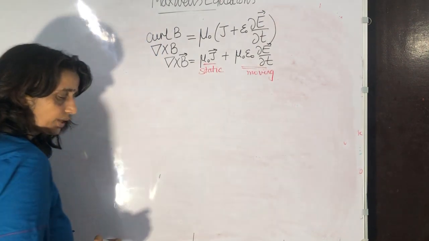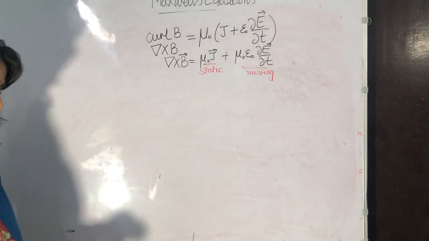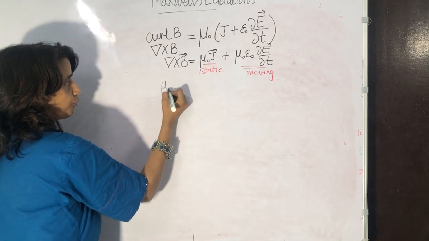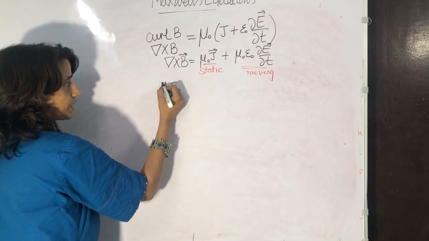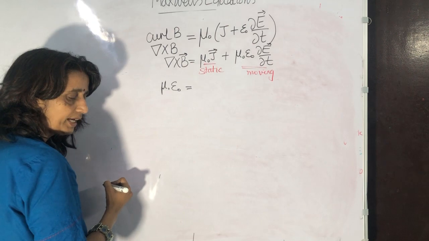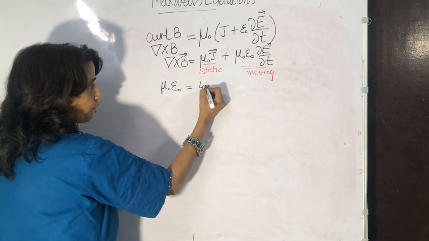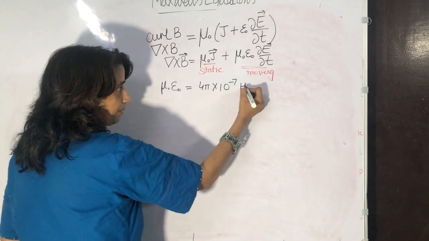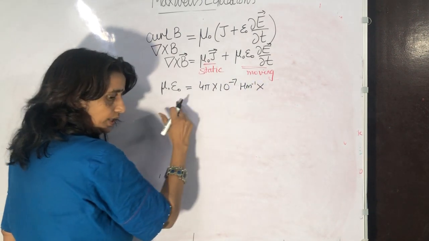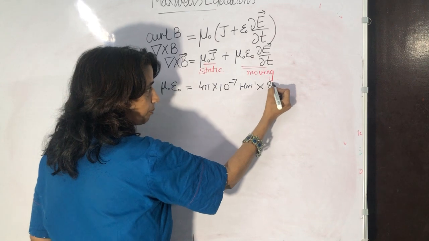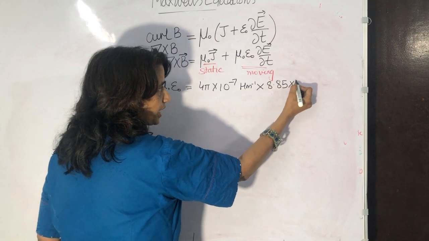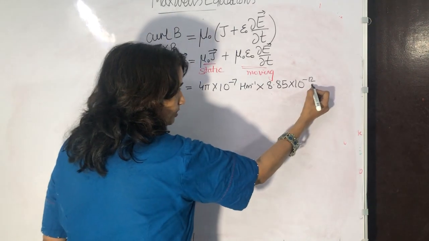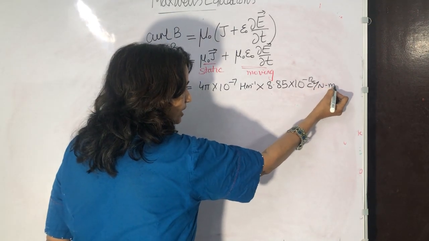Now have a look at the interesting observation. If I put the mathematical values of mu naught and epsilon naught, mu naught is 4 pi into 10 to the power of minus 7 Henry per meter, and epsilon naught is 8.85 into 10 to the power of minus 12 Coulomb square per Newton meter square.